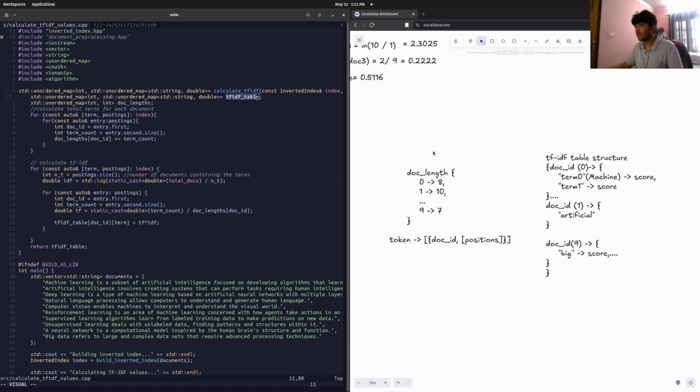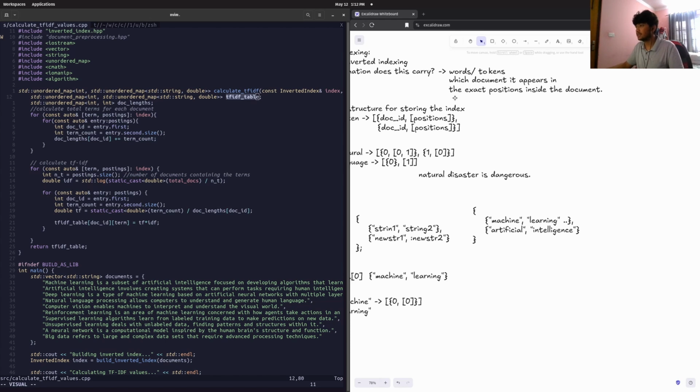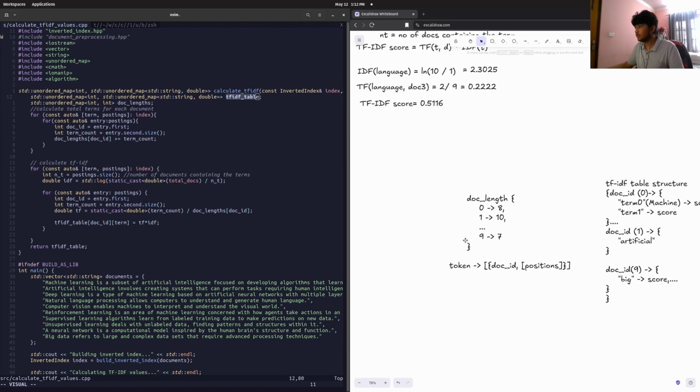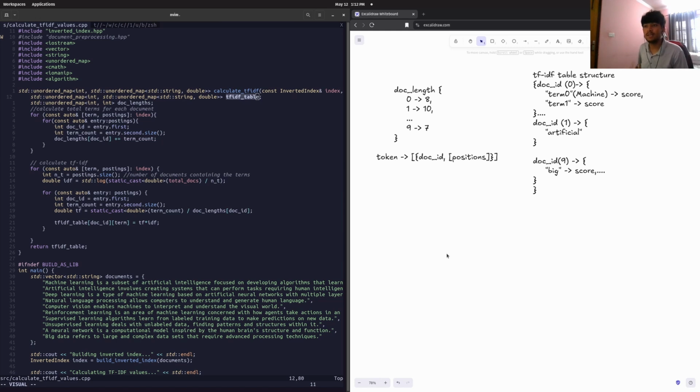So it's the document length, and we are iterating through all the tokens or through all the indexes. The index is basically in this structure that we have already seen here. So we are iterating through that. Firstly, for each and every posting, we get the document ID and the term count.